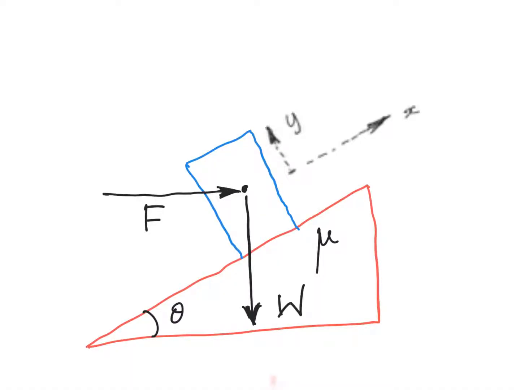So let's get started. What we are going to do is evaluate the minimum F, which is the external force required to push this particular mass of weight capital W along this particular plane. Is the objective clear? We are trying to figure out the minimum required F. There is friction. So if we perform a thought experiment, let's say I apply a very small amount of F, then what will happen?